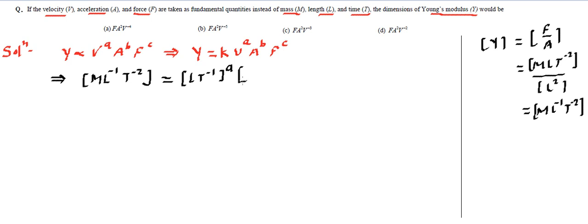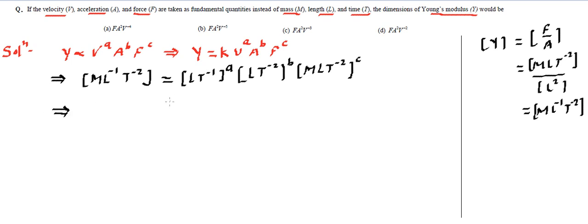Then this a is for acceleration, that's going to be length time raised to power minus 2, that's power b. And then the force, we have used the force over here, and the force dimensional formula is M L T raised to power minus 2. You will be using quantities like force a number of times, so this will automatically make a print in your brain, and you can remember this over time.